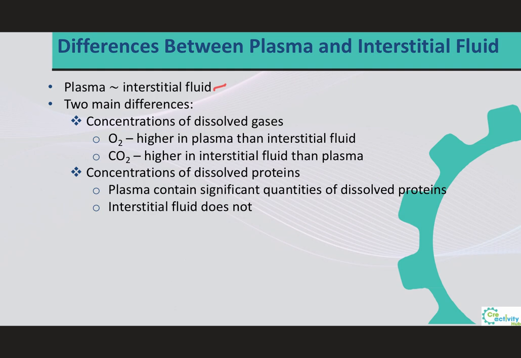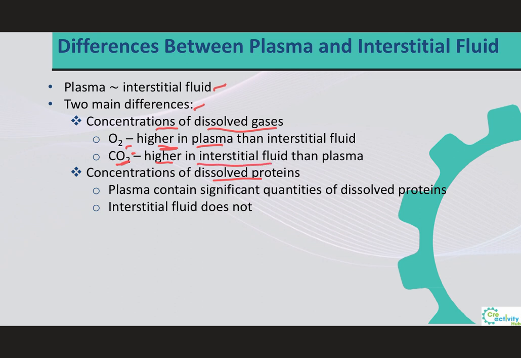Now, the two main differences between the plasma and interstitial fluid involve the concentrations of dissolved gases and proteins. When talking about dissolved gases, let's use oxygen and carbon dioxide. There will be a higher concentration of oxygen in plasma and a higher concentration of carbon dioxide in interstitial fluid.